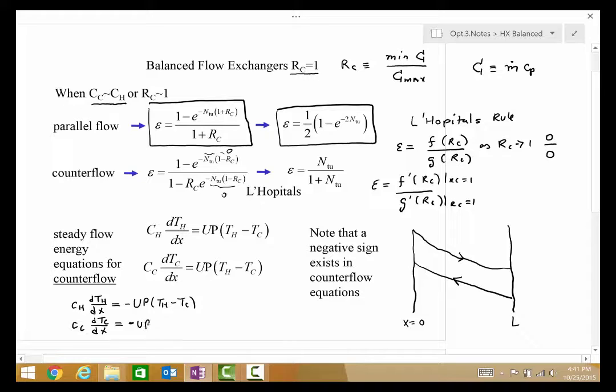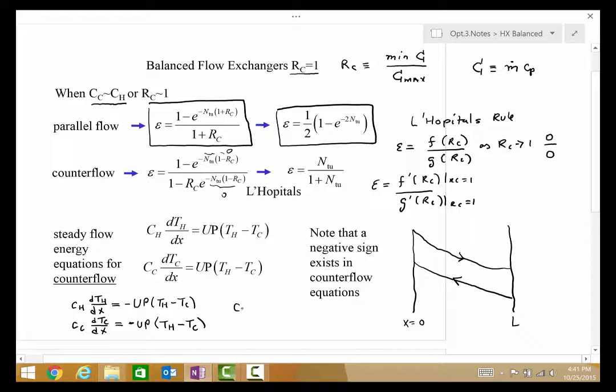We have a minus U P (TH minus TC). So TH minus TC is a positive value, and dTC/dx is negative. The way that I think about this is that the mass flow rate is actually negative. The velocity is negative for the cold flow. It's positive for the hot flow.